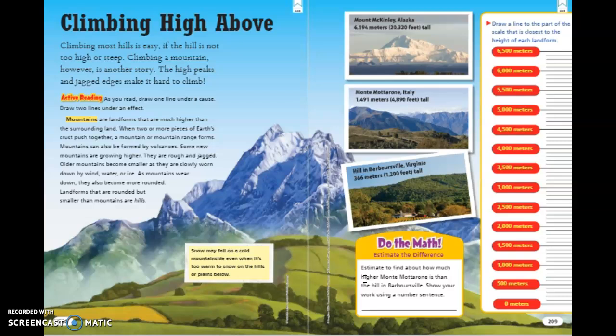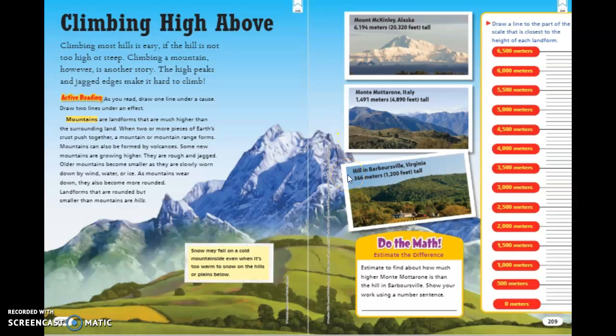Now let's do the math section. We have to estimate the difference. To estimate about how much higher Mount Matrone is than the hill in Barboursville, show your work using a number sentence below. So first, we need to find out how tall Mount Matrone is. We know that Mount Matrone is 1,500 meters. I'm going to write that first.